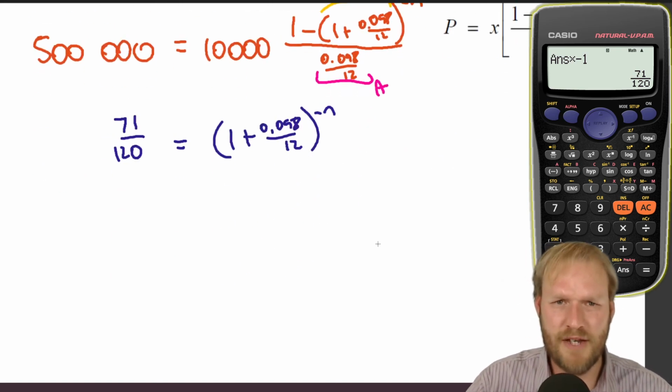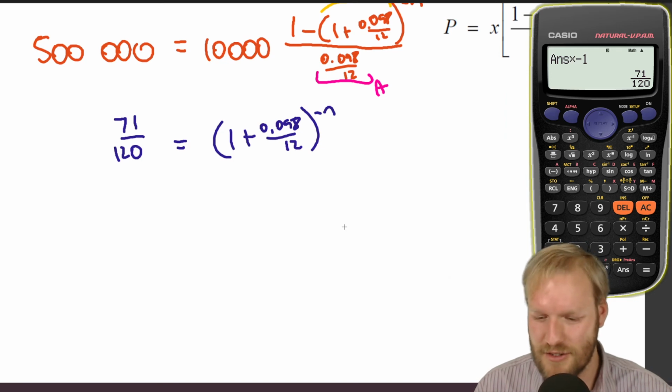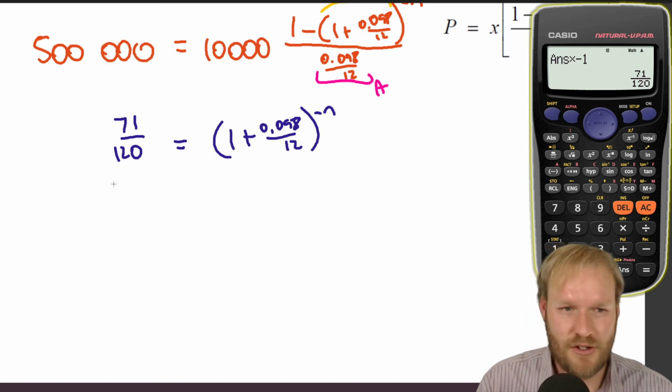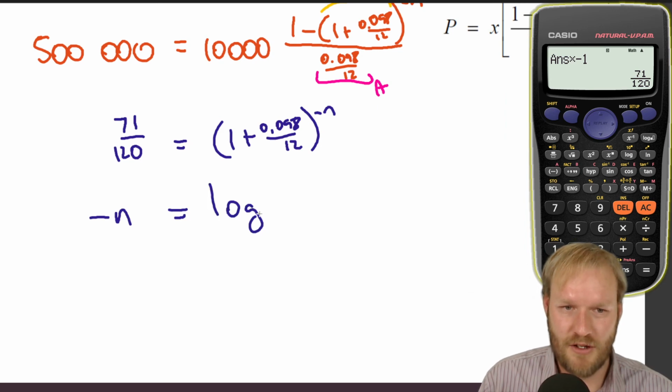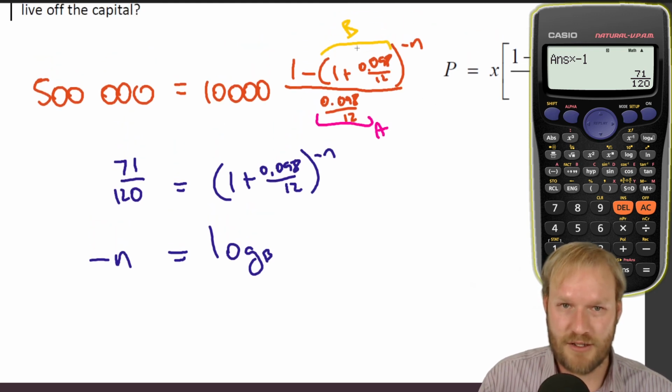Cool. Now we're going to use our logs, right? Because our logs say the base stays the same. So negative n equals log base b of 71 over 120. Remember, I've said that this part here is b.